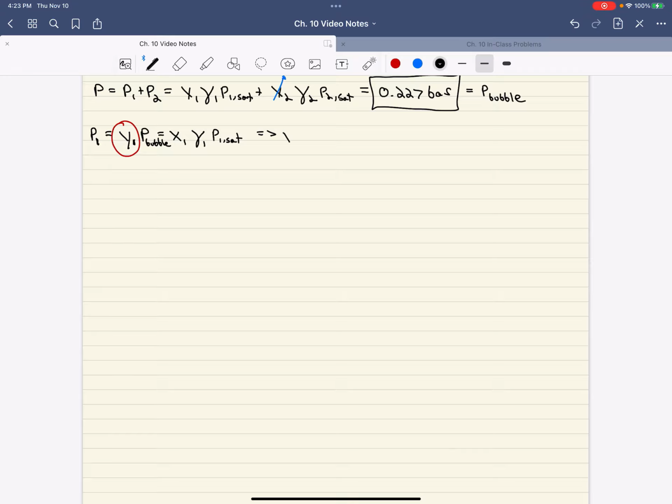So one equation, one unknown. And if we solve for it, we find that y1 is going to be 0.41. Okay? And so, even though the liquid mole fractions were equal to one another, we find that in the vapor phase, we're going to actually have less hexane than benzene. So the vapor phase is going to be hexane poor.